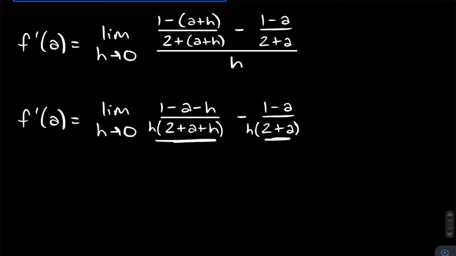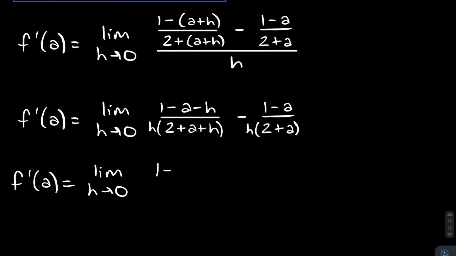So we get a lot of distributing going on here, but it's going to happen. Okay, and so we're going to multiply 1 minus a minus h by the 2 plus a.